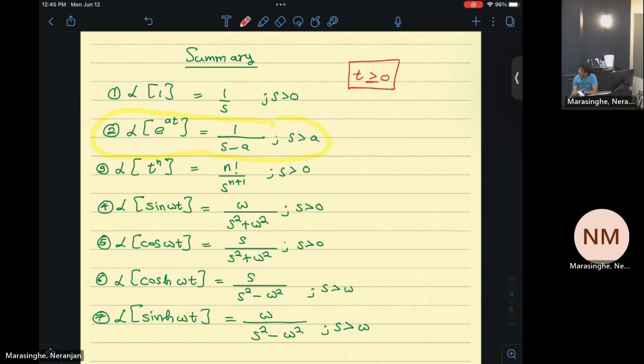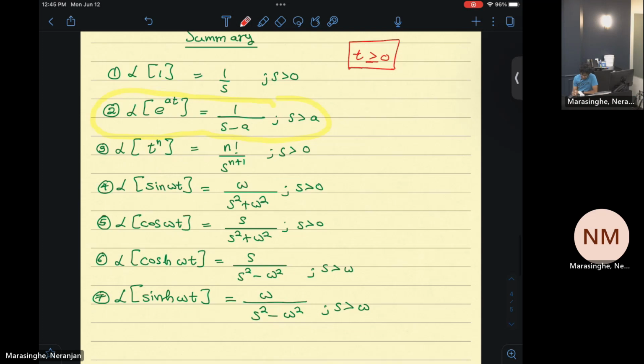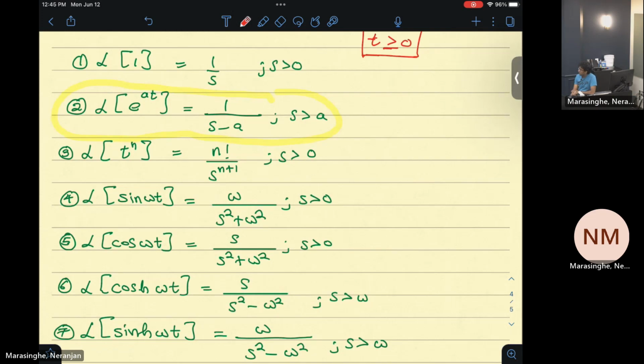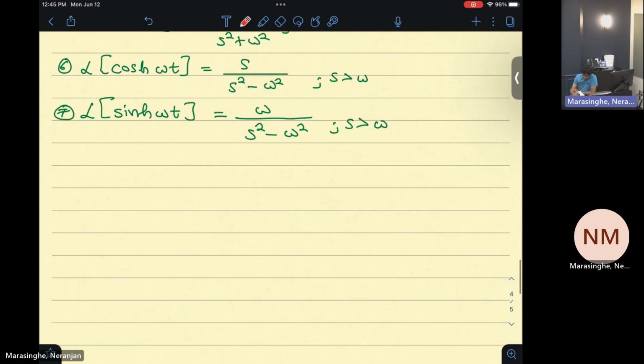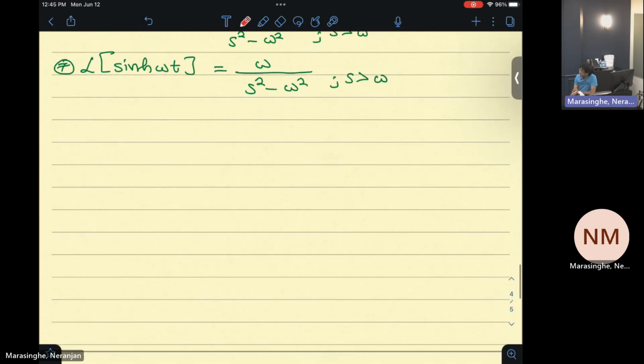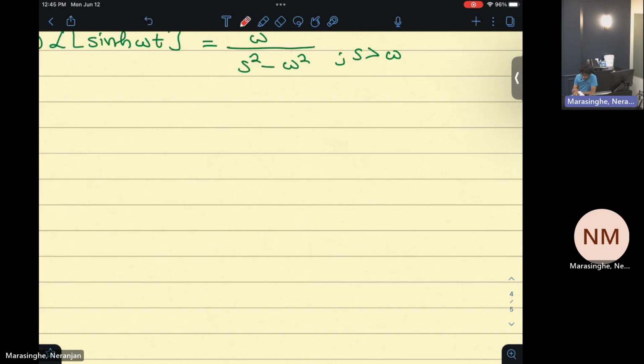Right. So I think you remember the idea of a step function, u(t), that I defined in the last class. I defined u(t) in a way that u(t) is 0 if t is negative and u(t) is 1 if t is positive. Okay. So again, I would write down the definition because for the next idea that I'm going to discuss, we need that idea.